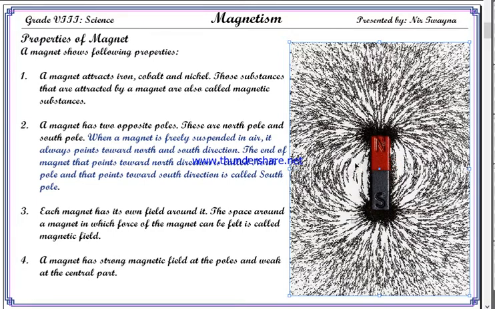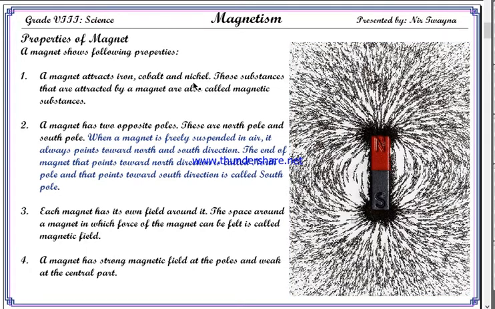These white spaces mean there is no magnetism there at all. So a magnet has a strong magnetic field at its poles but very weak at the central part. That is another property of a magnet.